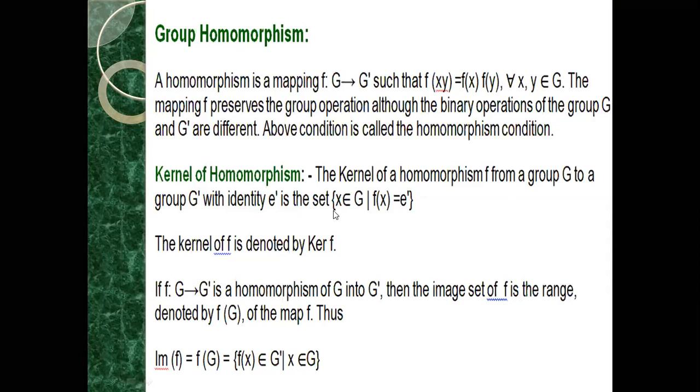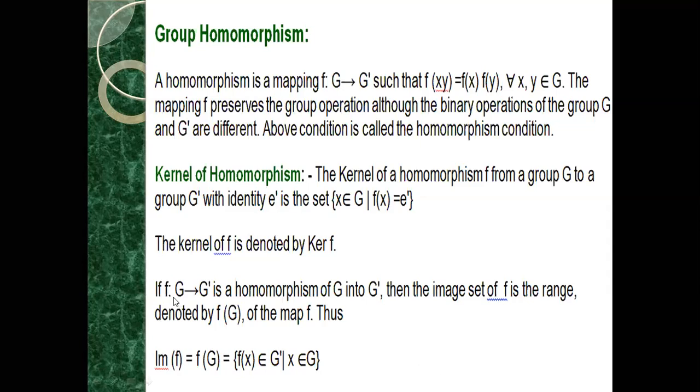Then the set of x belonging to G such that f of x is equal to E dash is called the kernel of f, where f is already a homomorphism. The kernel of f is denoted by ker f. So the kernel of f is always a subset of G.